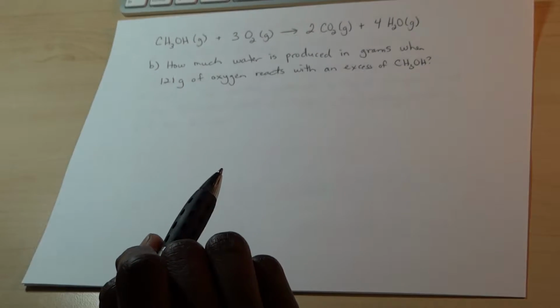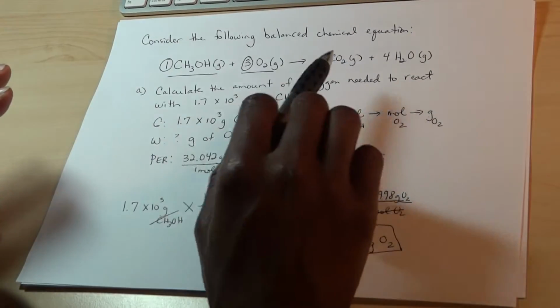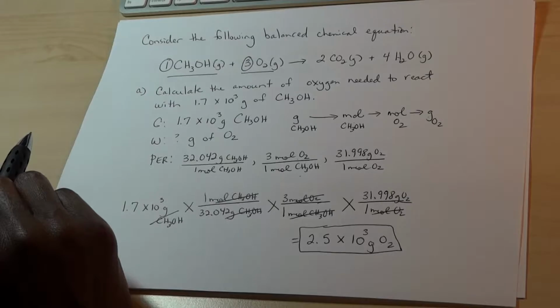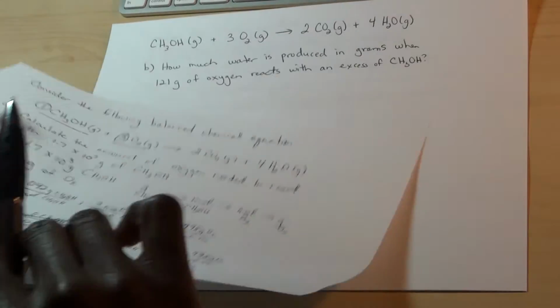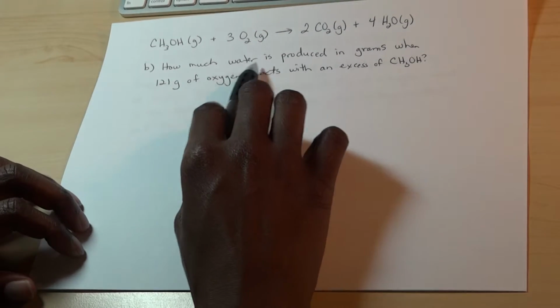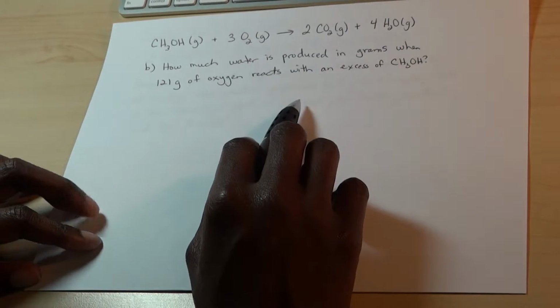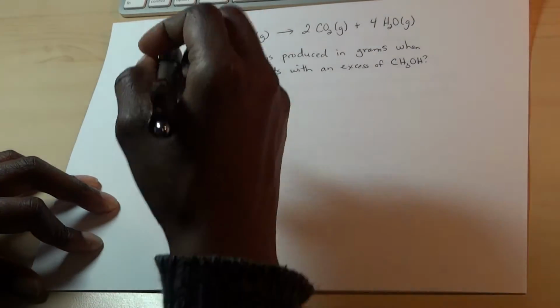Real fast though, just so you can see, you don't always have to go from reactant to product. In this case, I'm just looking at two reactants here. This next one says, how much water is produced in grams when 121 grams of oxygen react with an excess of methanol?